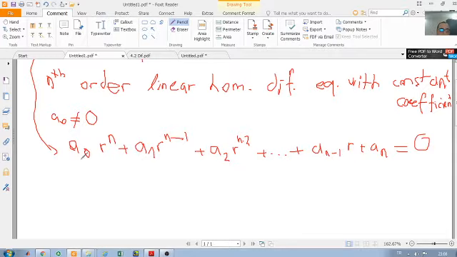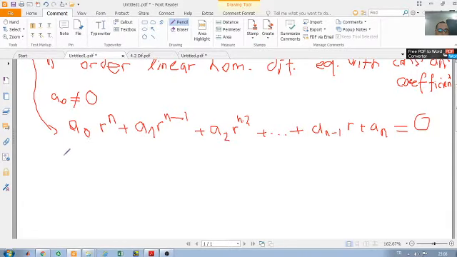Therefore, if you have real and different roots for the characteristic equation, like r1, r2, up to rn, for example, we can suppose that all of the roots of this polynomial equation are real and different.